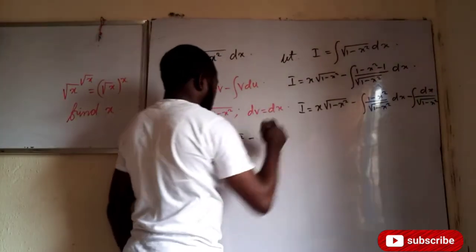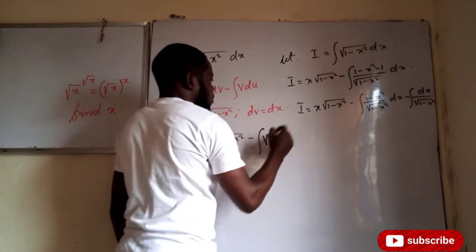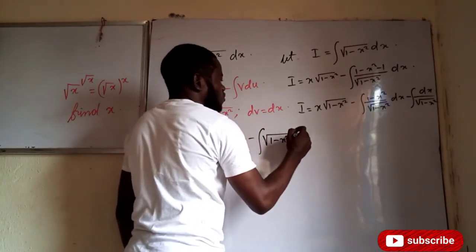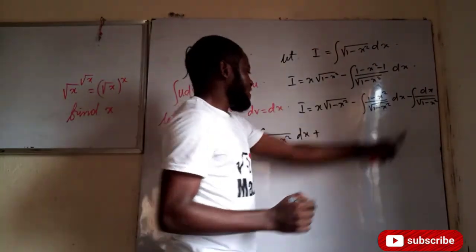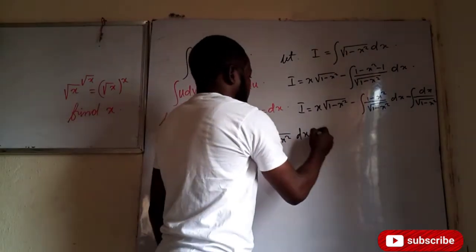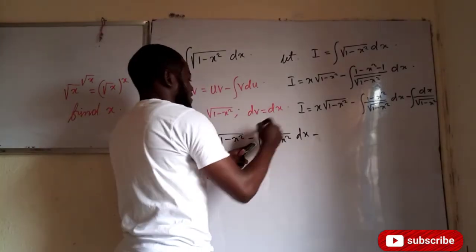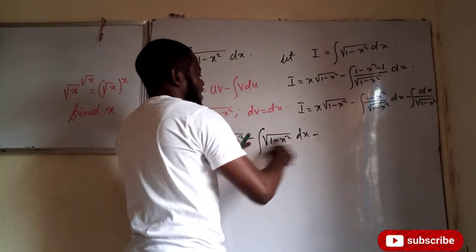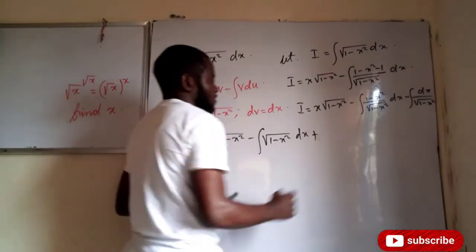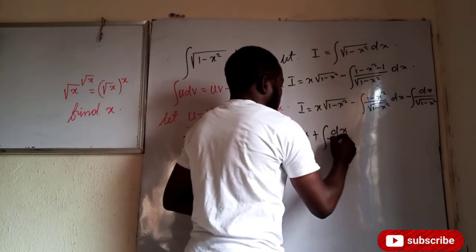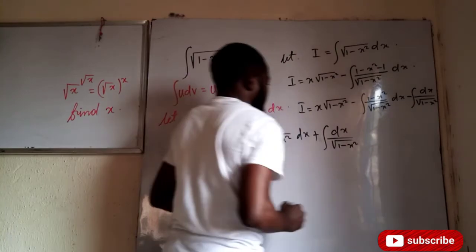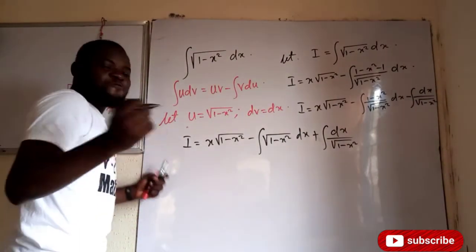So this is the same thing as saying the square root of 1 minus x squared dx. Then plus, if I integrate, this is going to be minus. No, this minus is to affect everything in this bracket. So let's assume that I've distributed the minus. So this will become plus. Then this is going to be the integral of the x all over the square root of 1 minus x squared. Okay, we're getting to the final answer.